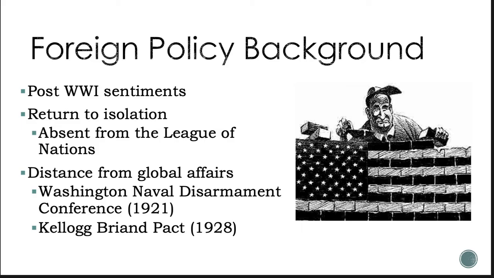Now, we know that this doesn't work because there have been many wars since 1928, the biggest being World War II. So these two examples here are not only ways for the United States to distance ourselves from global affairs, but to distance ourselves from any potential conflict, and really the world from any potential conflict moving forward.